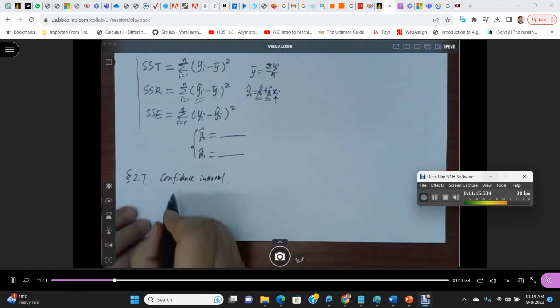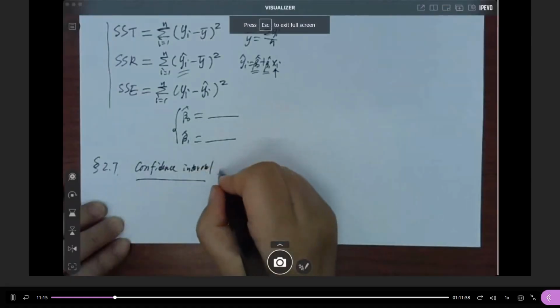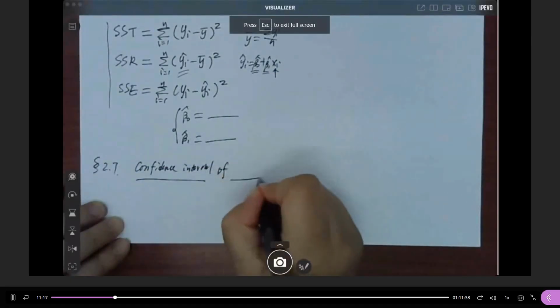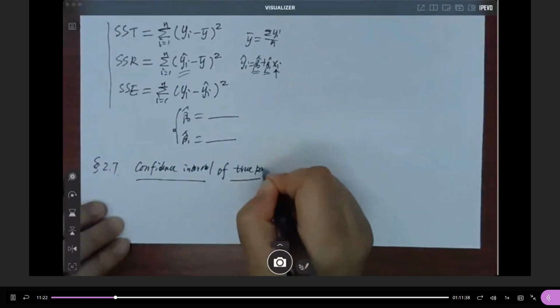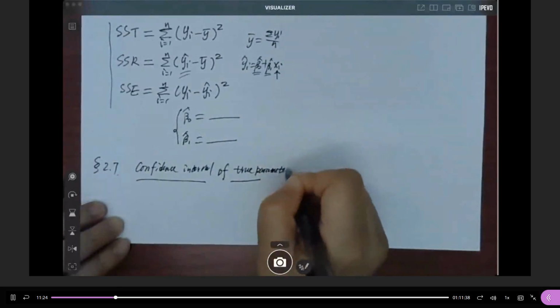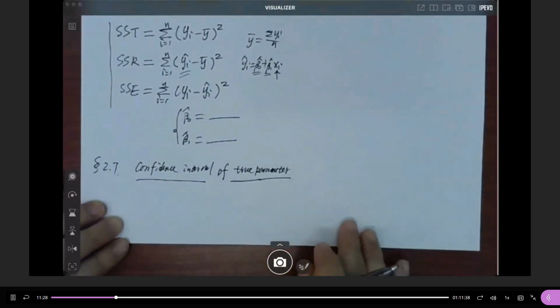When you mention the word confidence interval, what follows is always the confidence interval of something. This one is always a true parameter. You talk about the confidence interval of an unknown true parameter.